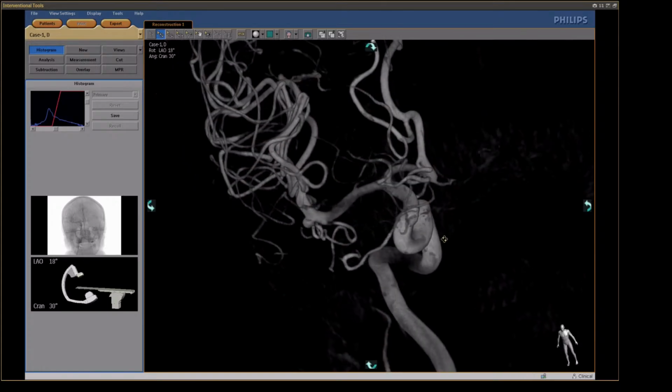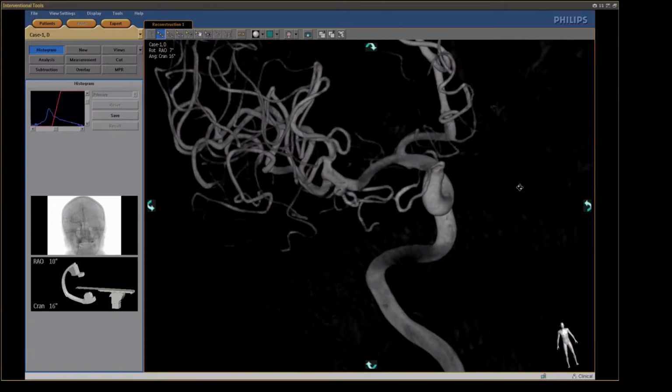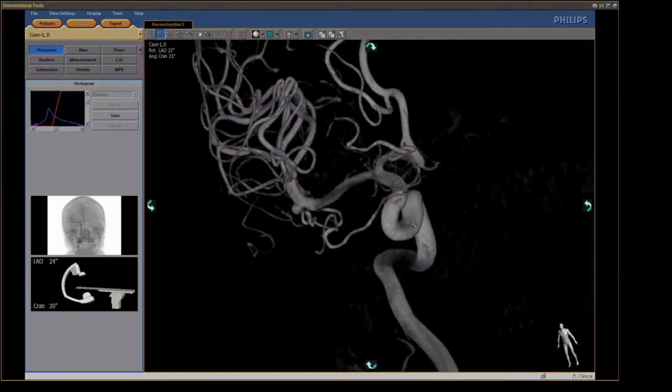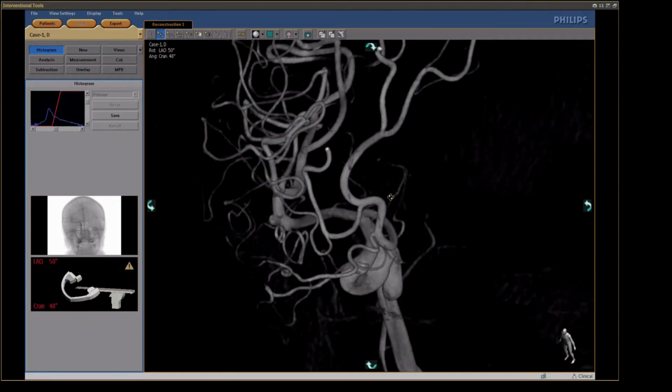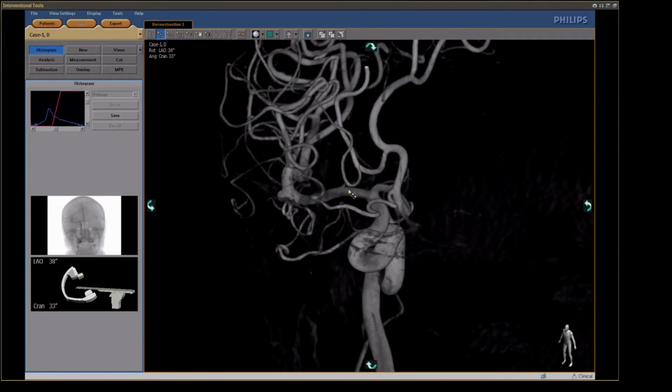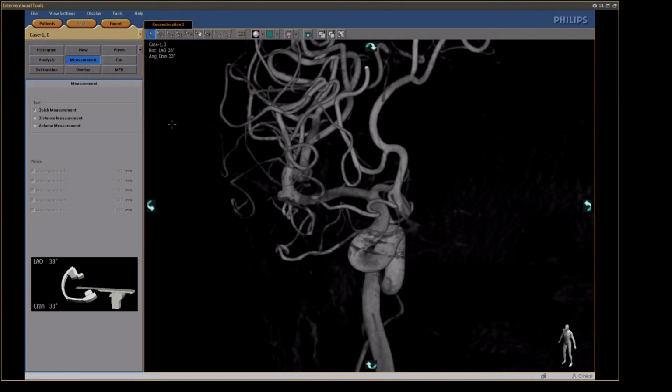We have a flow diverter stent, which is 3.5 millimeter by 25. If we start from here with the flow diverter, then it will go to the, okay, I will just take it out.